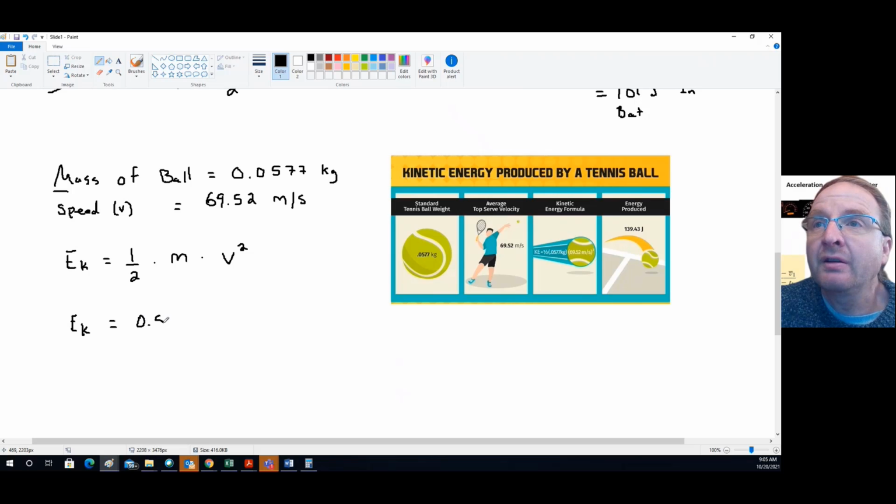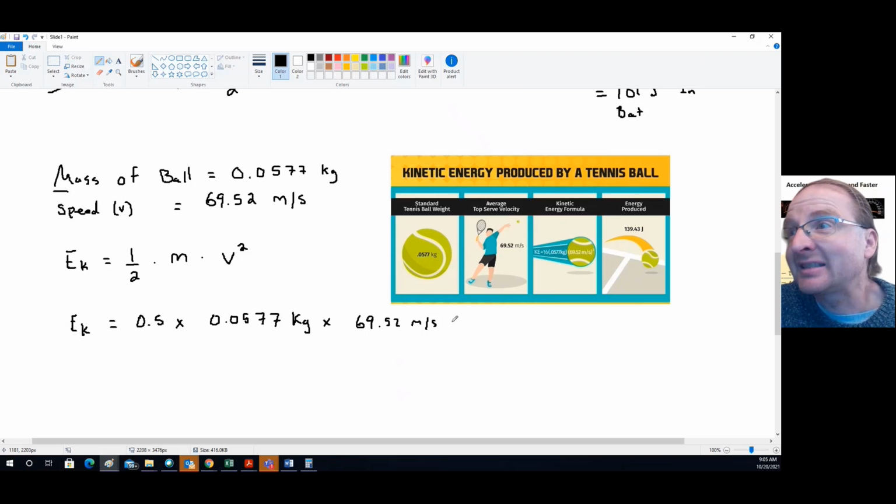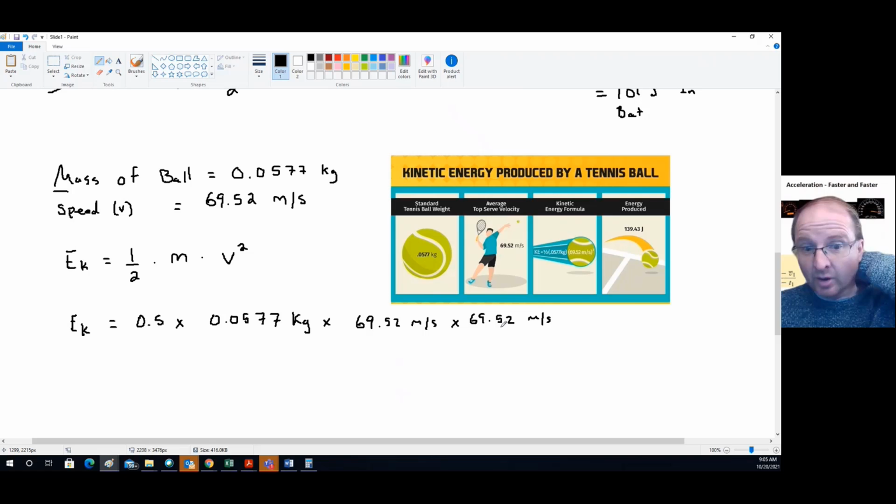We'll go 0.5 times 0.0577 kilograms times 69.52 meters per second, but it's velocity squared, so 69.52 meters per second. When you're doing these, don't rush, do them slowly. Look at what the formula says and follow it.